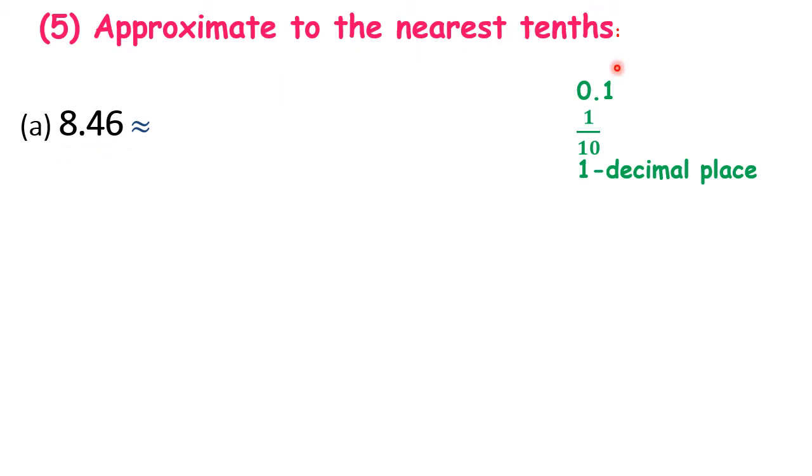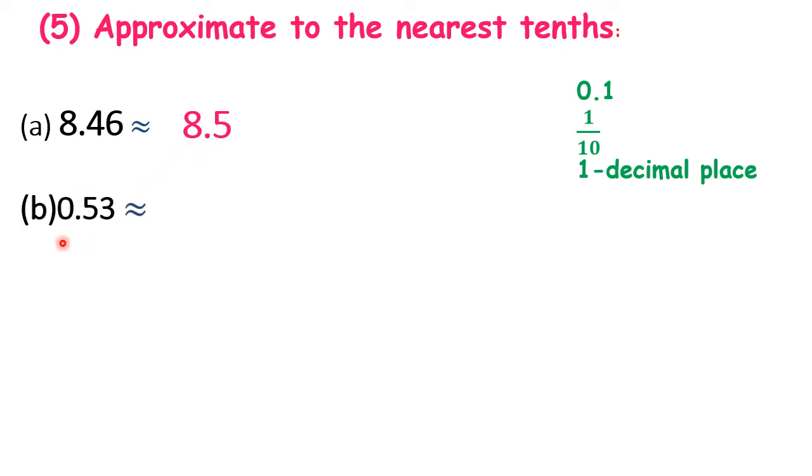To approximate to the nearest tenth, put line in the tenth, 4 in tenths. Okay, and look at the number before, 6. Strong or weak? Strong number. Please give me 1. So give 1 to 4. 4 plus 1 equals 5, so the approximation is 8.5.